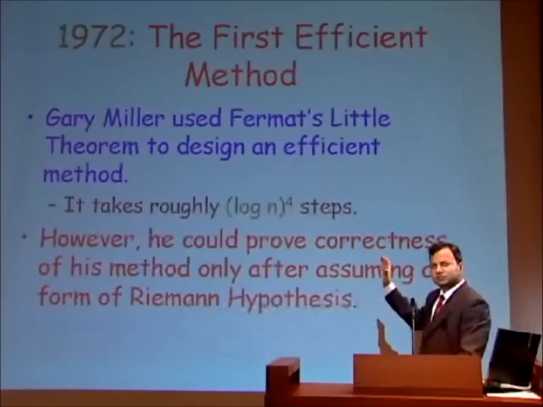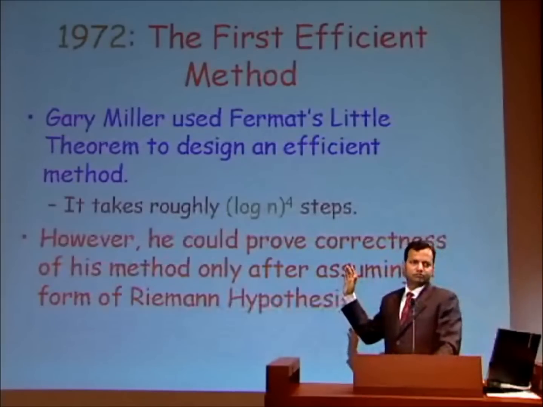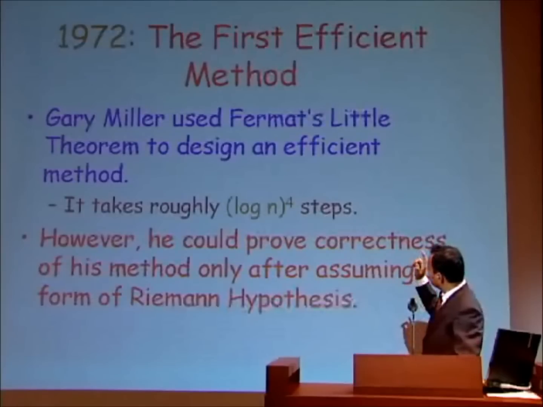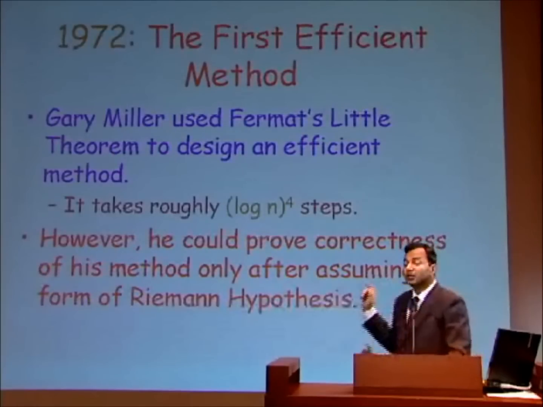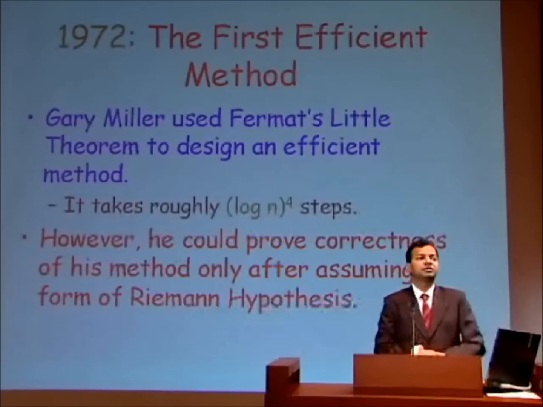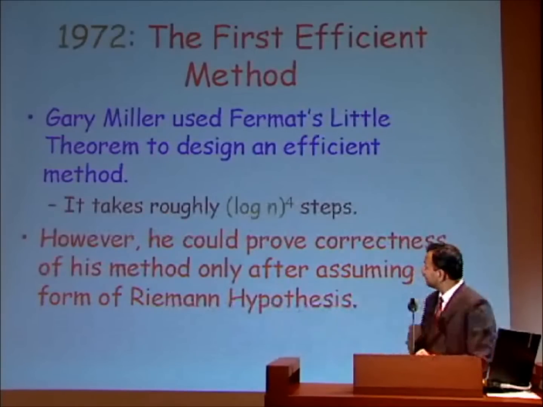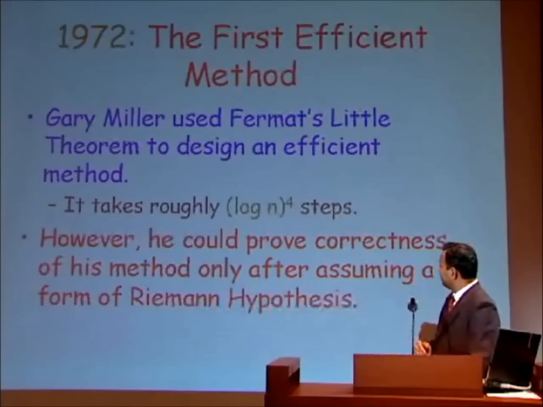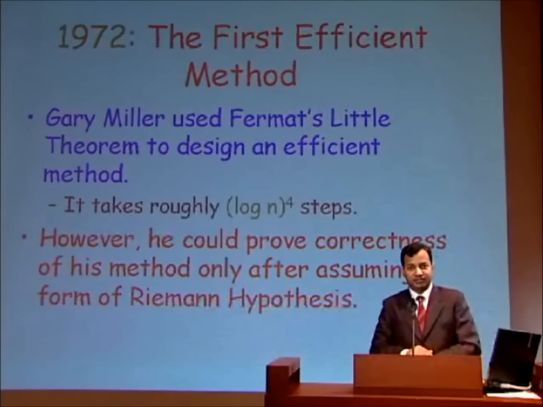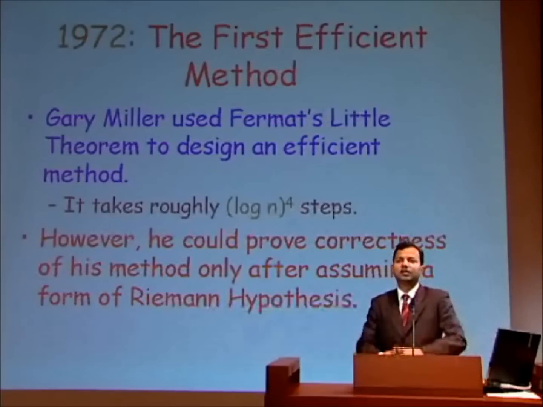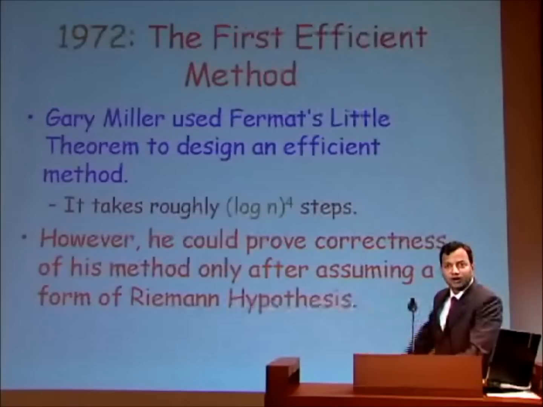Question 3 was nearly solved in '72. Nearly, because in '72, Gary Miller gave the first efficient method for determining if a number is prime. It takes roughly log n to the 4 steps, many operations. So by the definition of fast method, it does satisfy this definition.